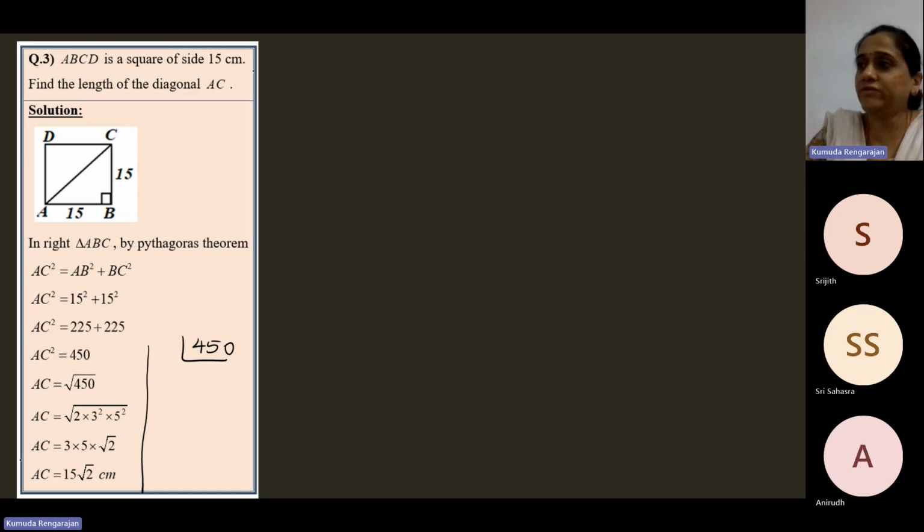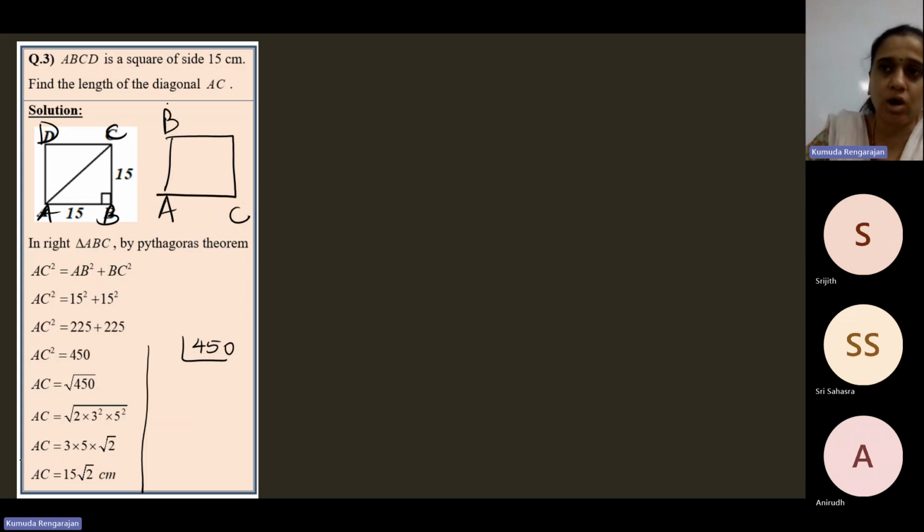So ABCD is a square of side 15 centimeters. See here, A, B, C, D. You need to mark it carefully. You cannot mark A, B, and C here. You should go in the clockwise or anti-clockwise direction. If you mark A here and B here, then C should be marked here and then D here.